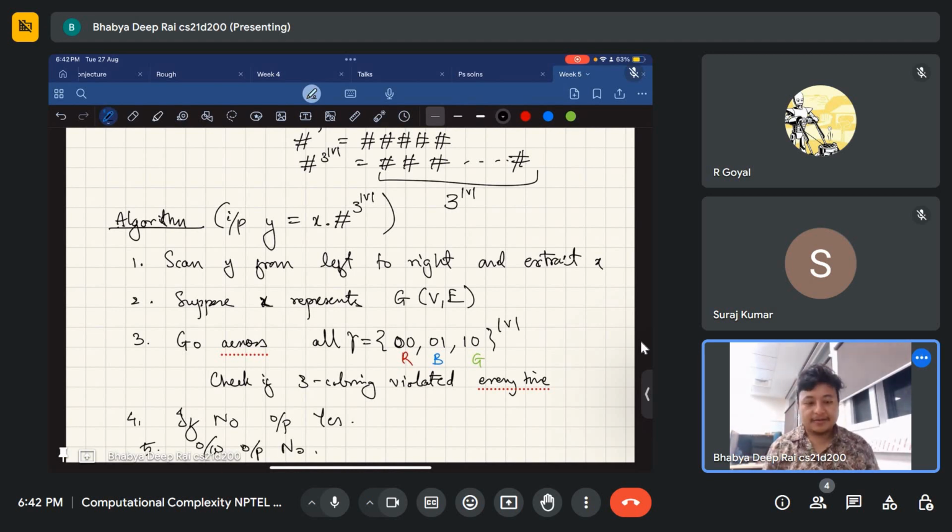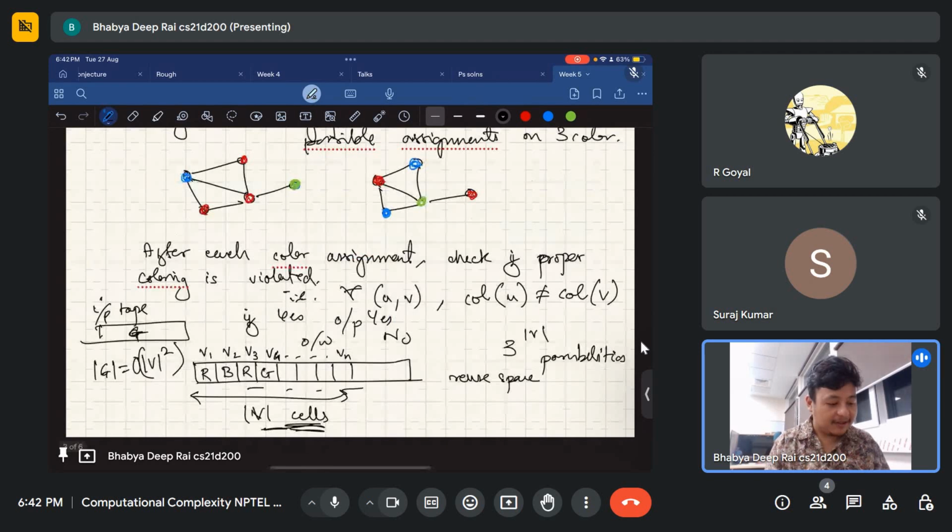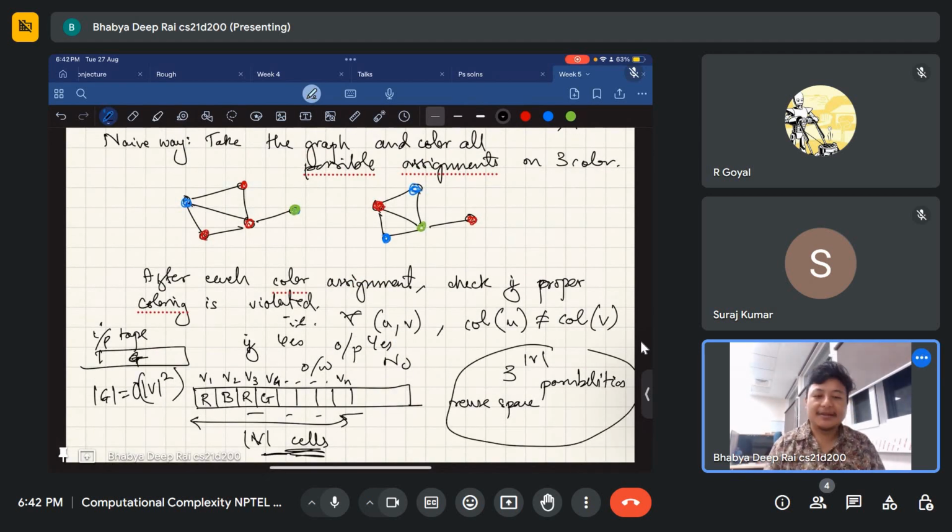So the same thing is happening. You go across all combinations, and remember what the number of combinations was? 3 to the v many possibilities, right? That time we had a possibility of reusing space, but now we are talking about time. So how much time will it take? 3 to the size of v.